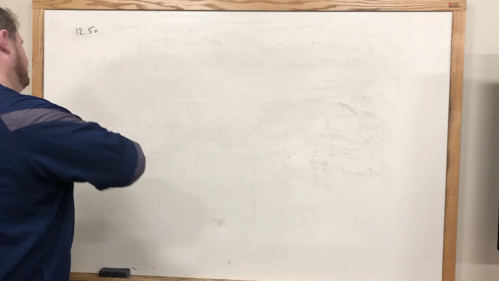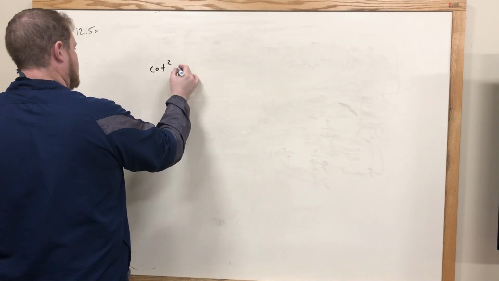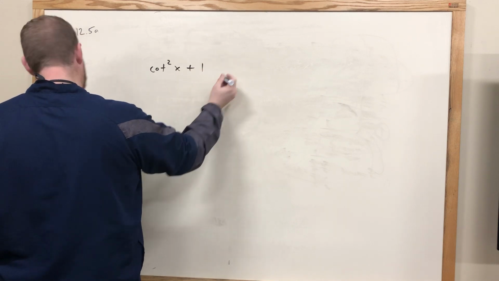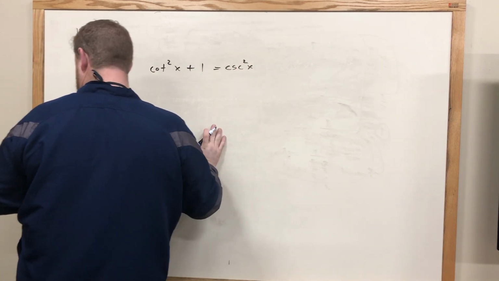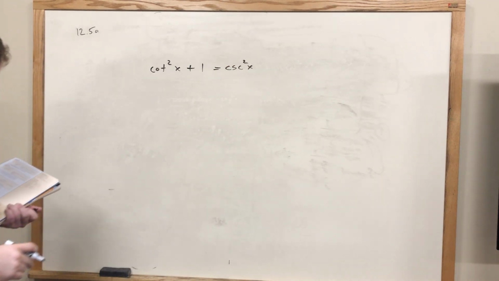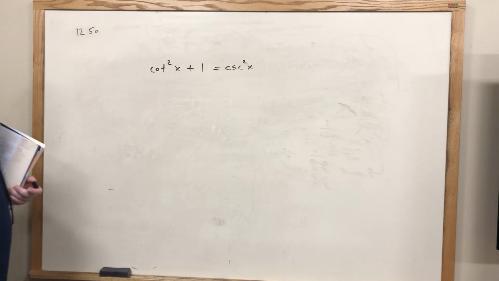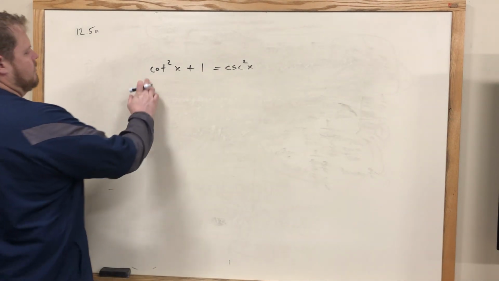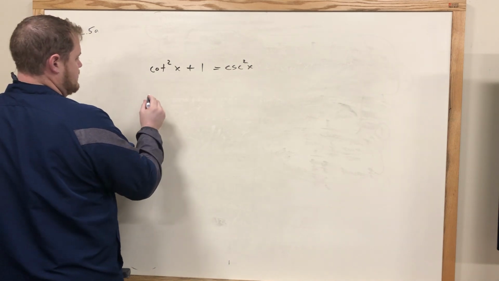So here we go. Cotangent squared x plus 1 equals cosecant squared x. Step 1, what do we do? What's a way to write this out?